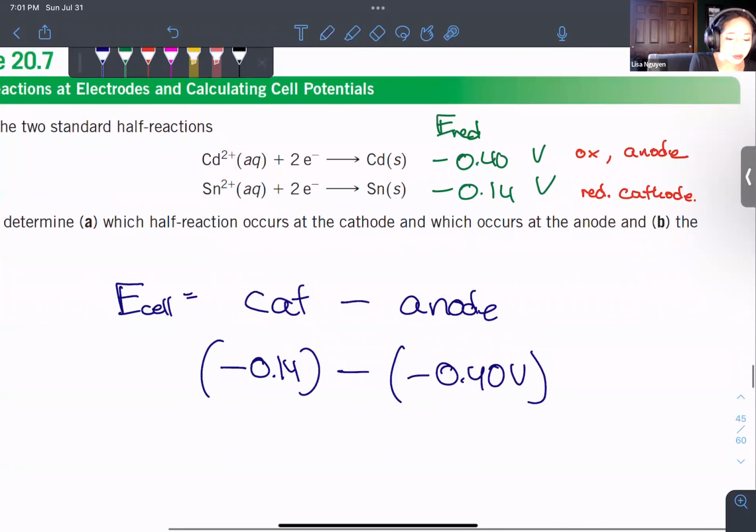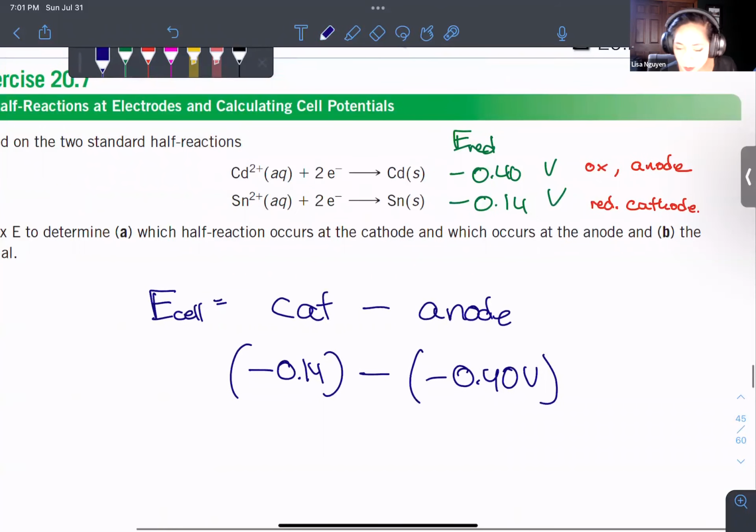When you add up these two numbers, you do in fact get a positive number. Even though both of these reactions in the reduction form have negative cell potentials, because cadmium is very easily oxidized, it makes the overall reaction spontaneous. Cadmium is pretty well oxidized and it can actually reduce our tin, even though the reduction of tin alone is not spontaneous.